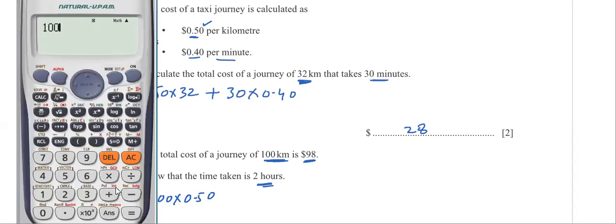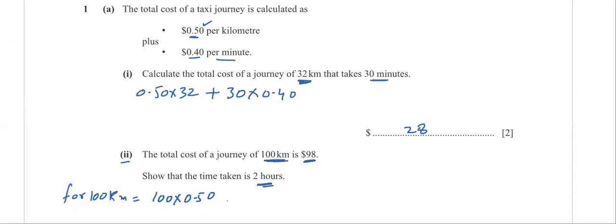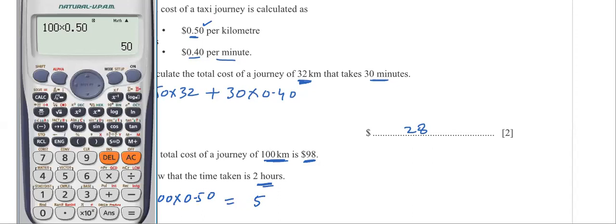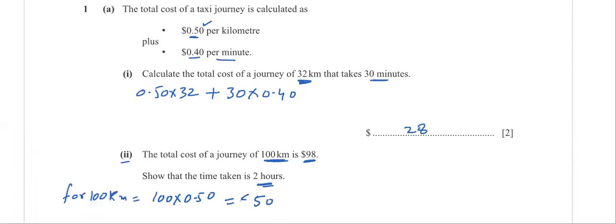Calculate that, you are getting 50. It means $50 are for distance. Now remaining are how many? 98 he paid. So remaining are 98 minus 50, 48. So $48 are actually paid for the time.